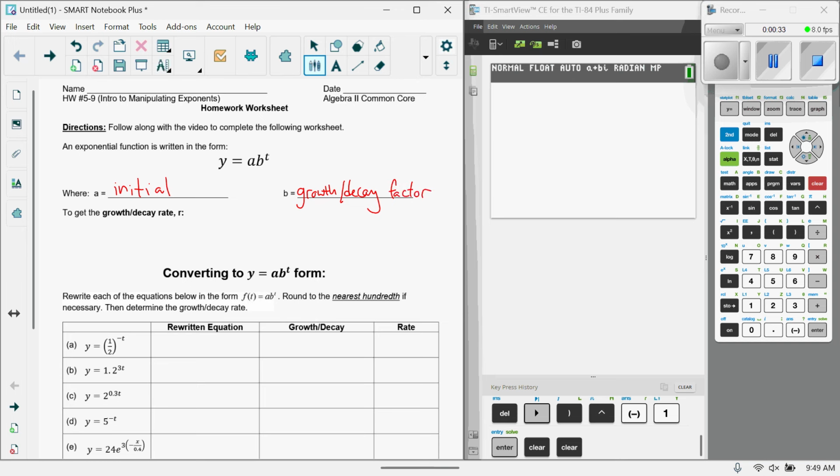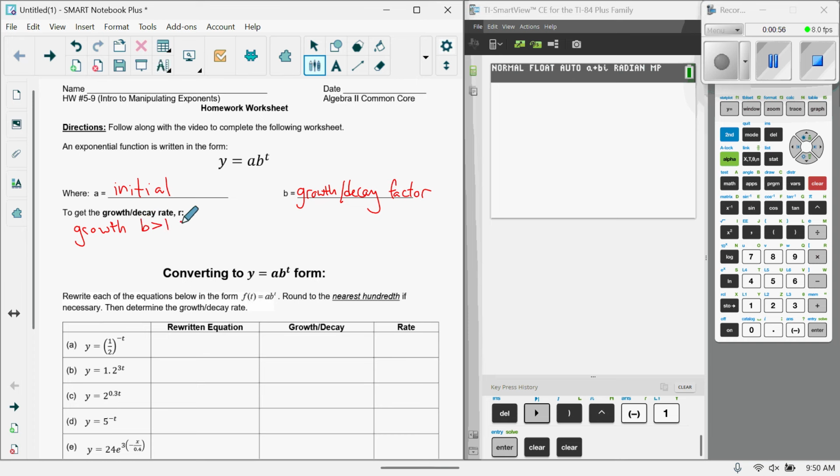So the entire base is called the growth factor, and then we need to see whether it's greater than 1 or less than 1 to figure out the growth or decay rate. So if you are exponential growth, then b is going to be greater than 1.